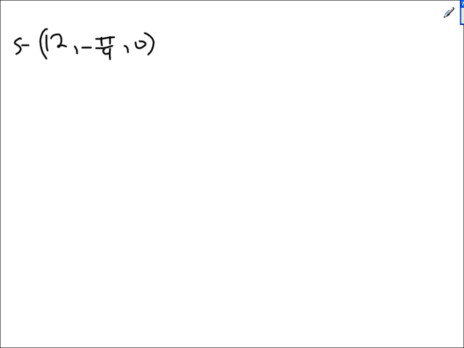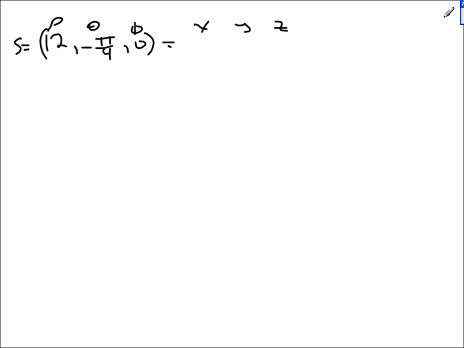This is spherical: rho, theta, phi. We want to go to rectangular. We want x, y, and z.